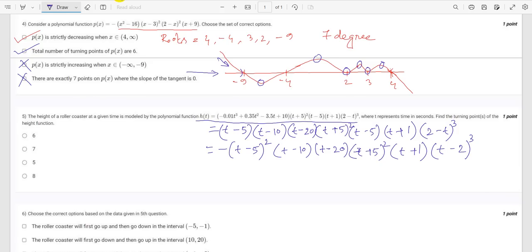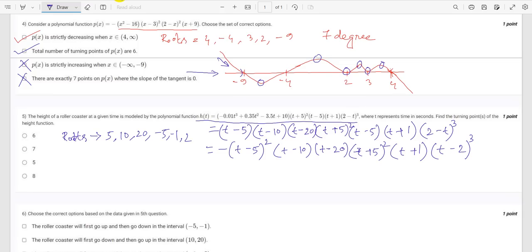So the roots are 5, 10, 20, -5, -1 and 2.